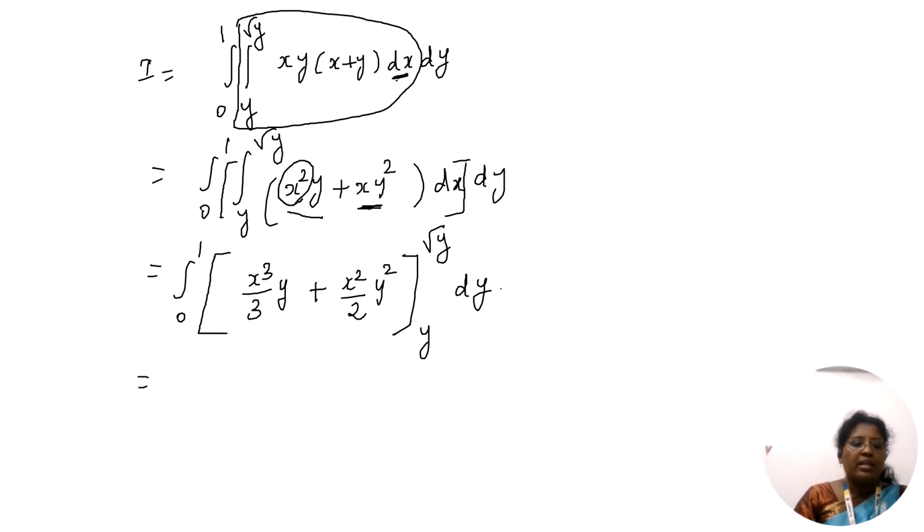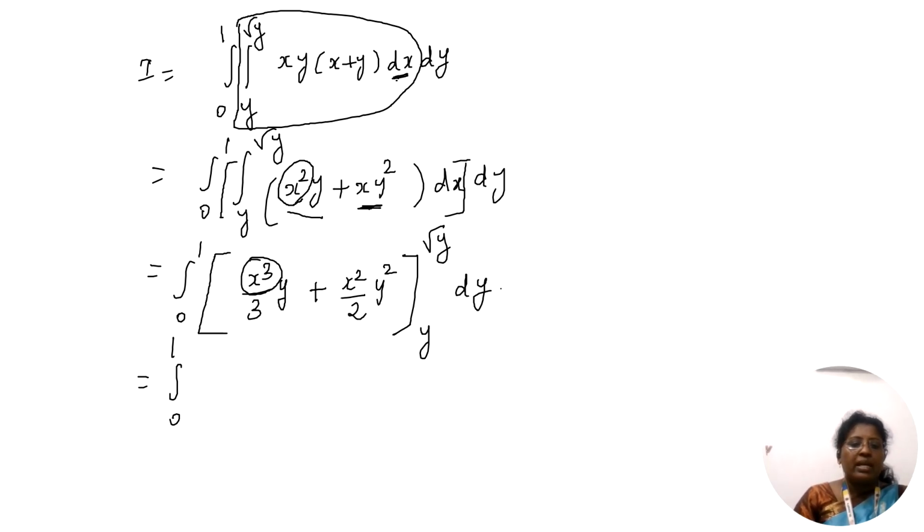Okay, now we'll apply the limit. What is the upper limit here? Root y. So in the place of x, we have to replace root y. Wherever you have x, you have to replace it by the upper limit, then by the lower limit. First we'll apply the upper limit, root y.